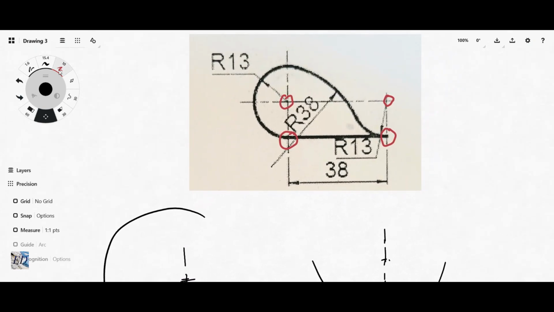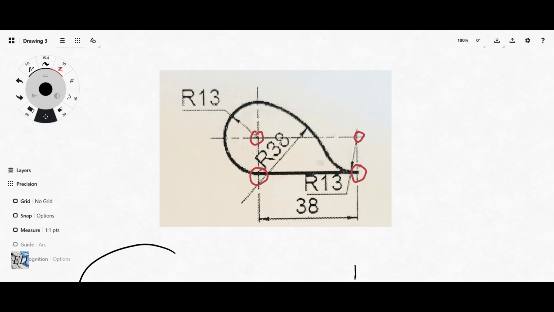The only thing left is this arc here, and that brings us to the tricky part of this particular figure. The first two arcs or circles were the easiest.